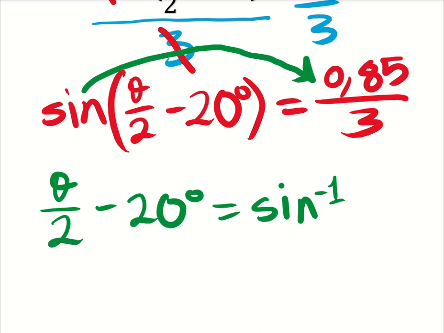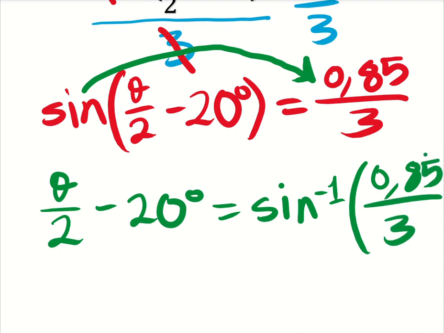Second function is indicated by the small -1 slightly above sine there. So you're going to have the second function of sine, then 0,85 over 3, then we close our brackets.